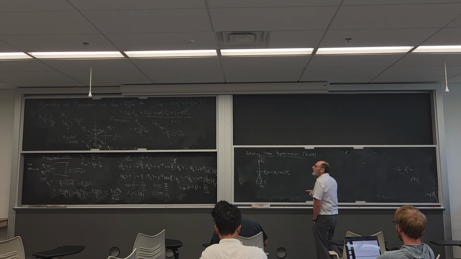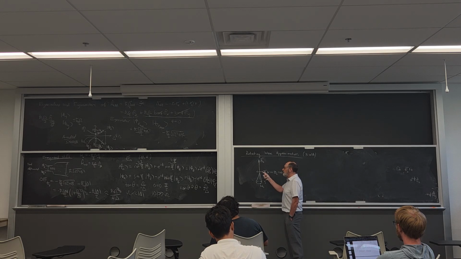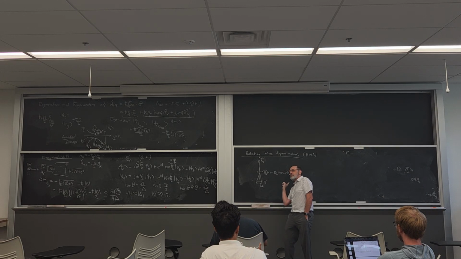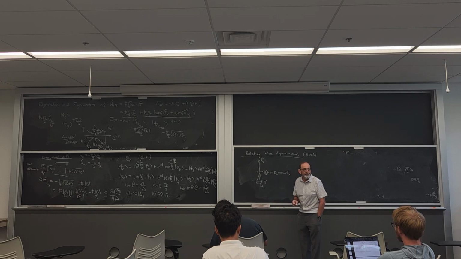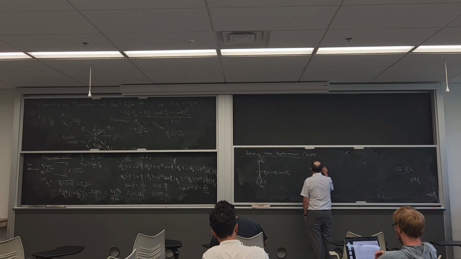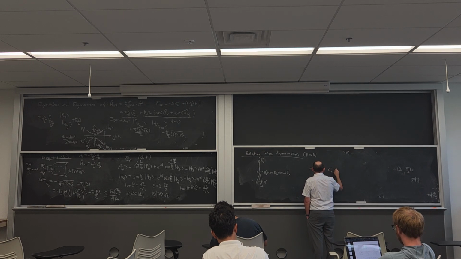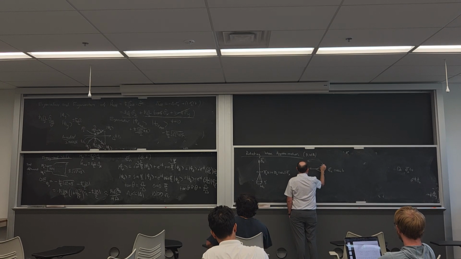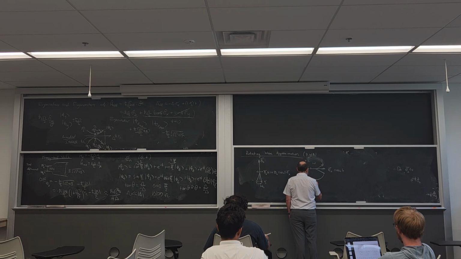Well, the way to solve that problem is to break up the linearly oscillating field into a component that is co-rotating and a component that is counter-rotating. So if I have a field that is oscillating along the X direction, I can break that up into two components, one that is rotating this way, and one that's rotating that way.